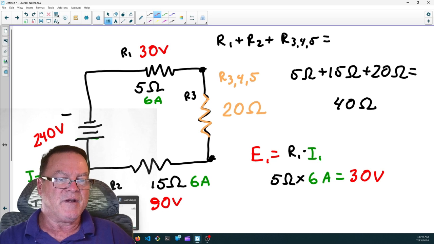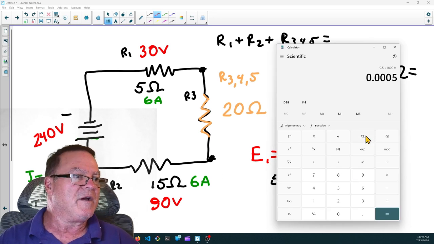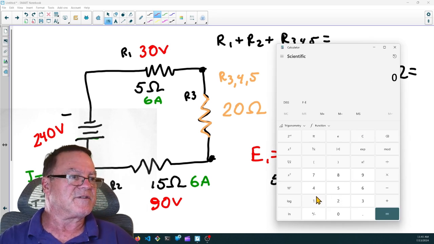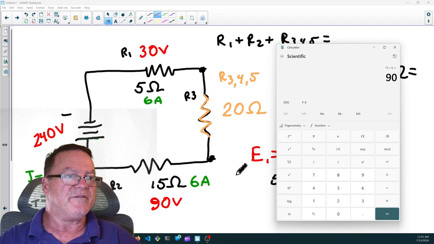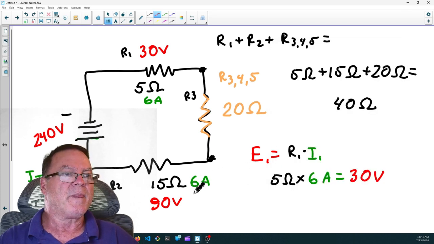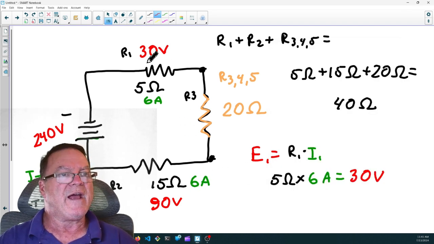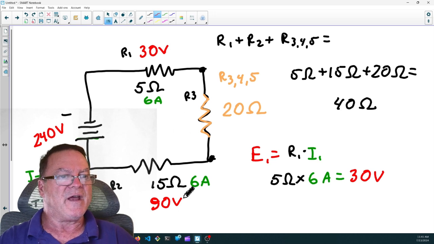Just to make sure that I'm not crazy, I'm going to say 15 times 6 is 90 volts. Okay. Well, now we know we have 30 volts and 90 volts.